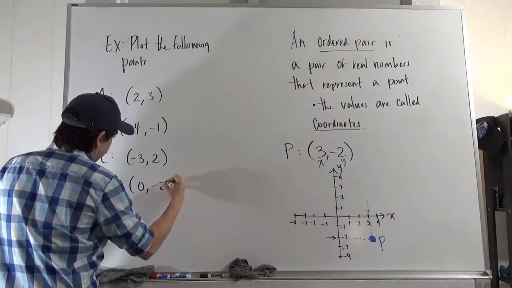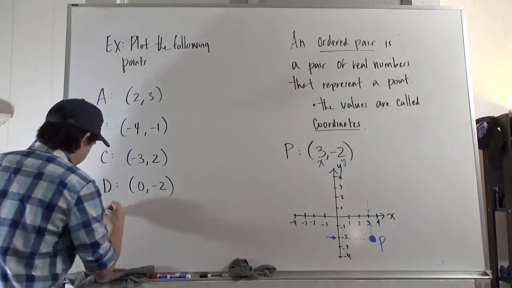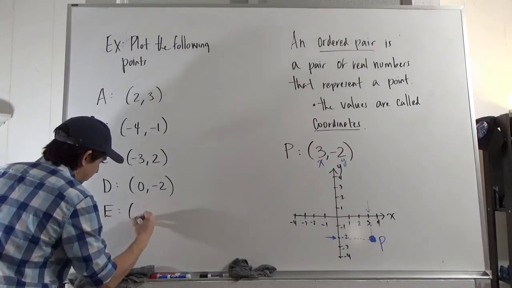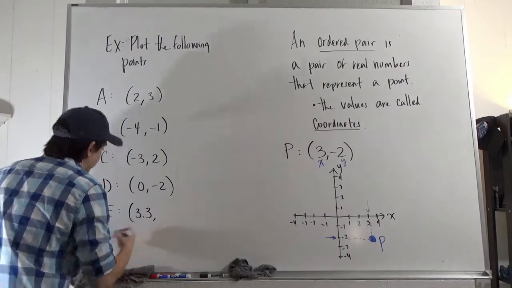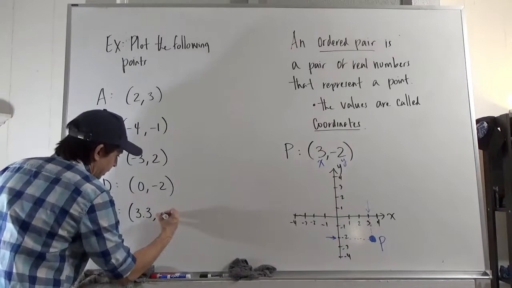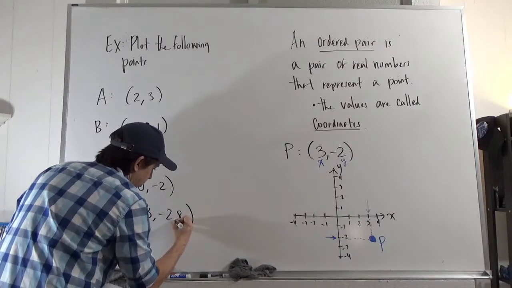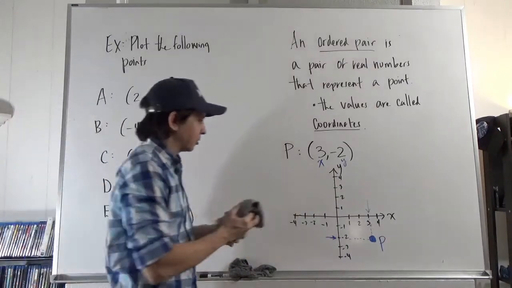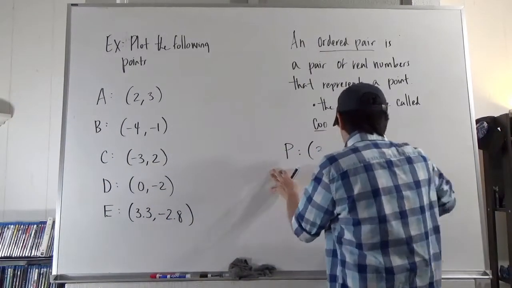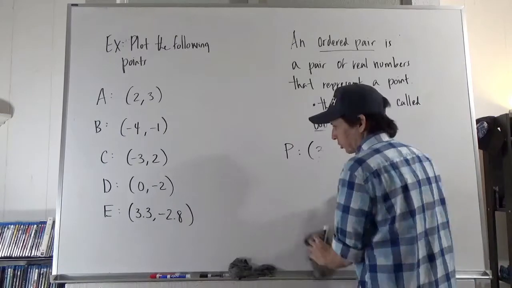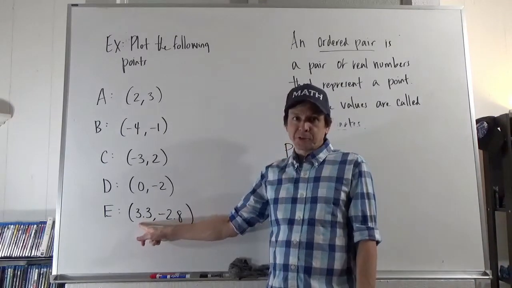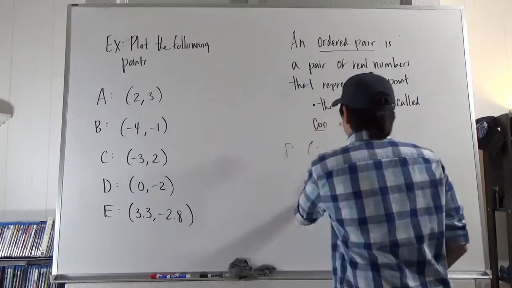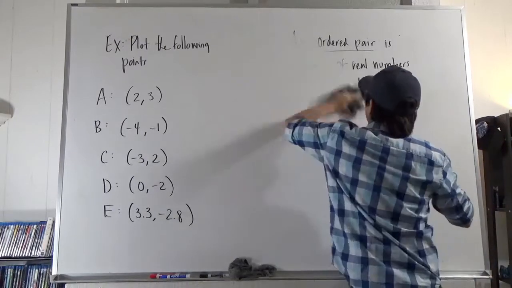D is 0, -2. And E is going to be 3.3, -2.8. So I'm going to throw a few decimals at you just so you can get an idea of where to place it. You're just going to eyeball it and estimate where you think it is. For instance, 3.3, we're going to be placing it between 3 and 4. Not quite halfway, closer to 3 than to 4.